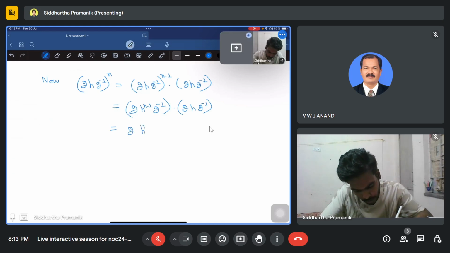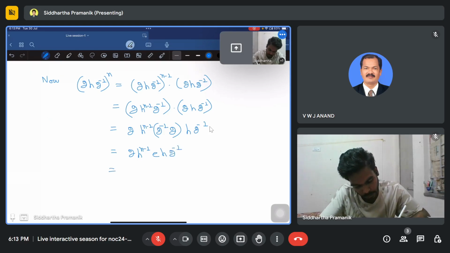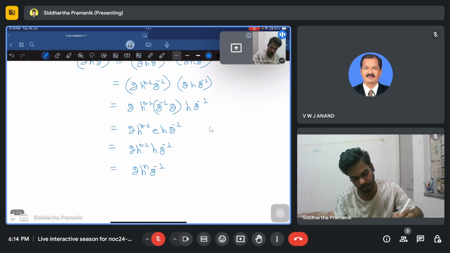So g h^(n-1) g inverse times g h g inverse. So this is same as g h^(n-1) identity element e h g inverse, and this is same as g h^(n-1) h g inverse. So this is equal to g h^n g inverse. So this completes our proof.